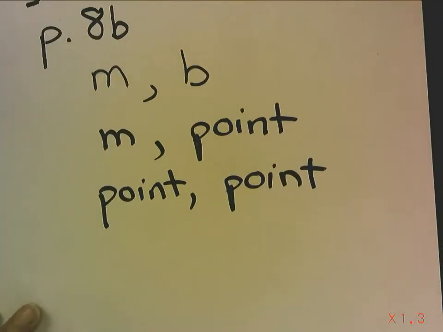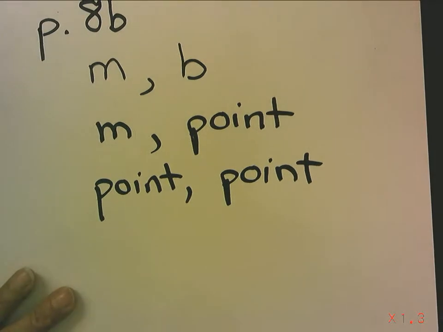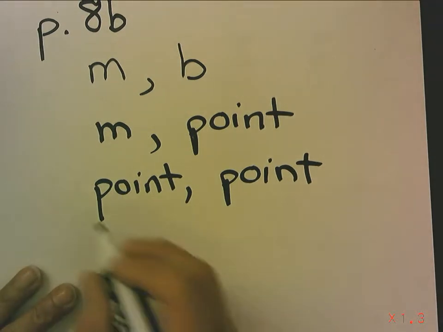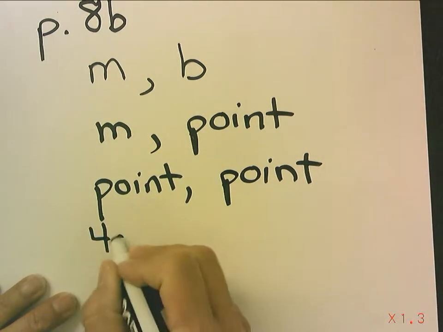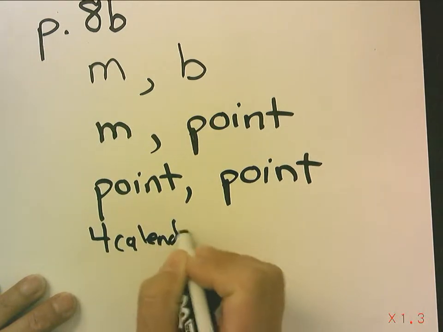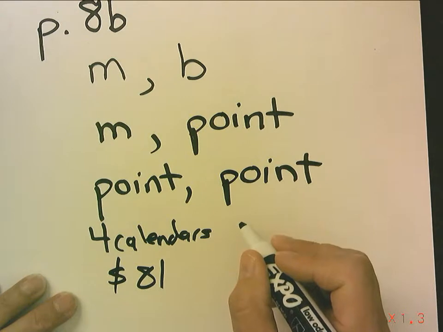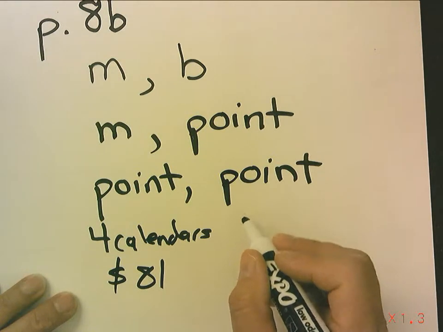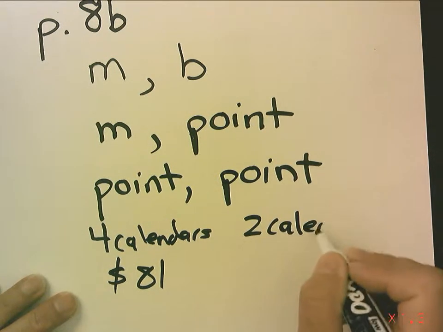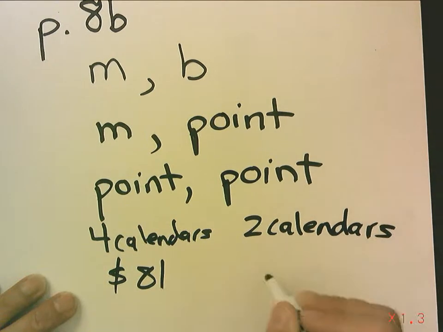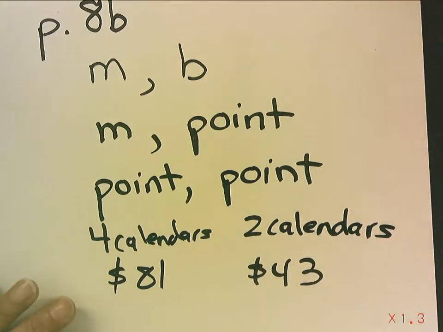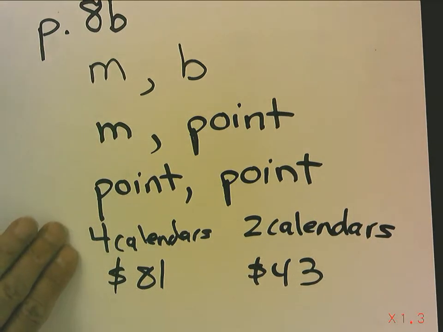So the first point they give you is 4 calendars cost $81, and 2 calendars plus delivery cost $43. So we know our points have to do with calendars and total cost.